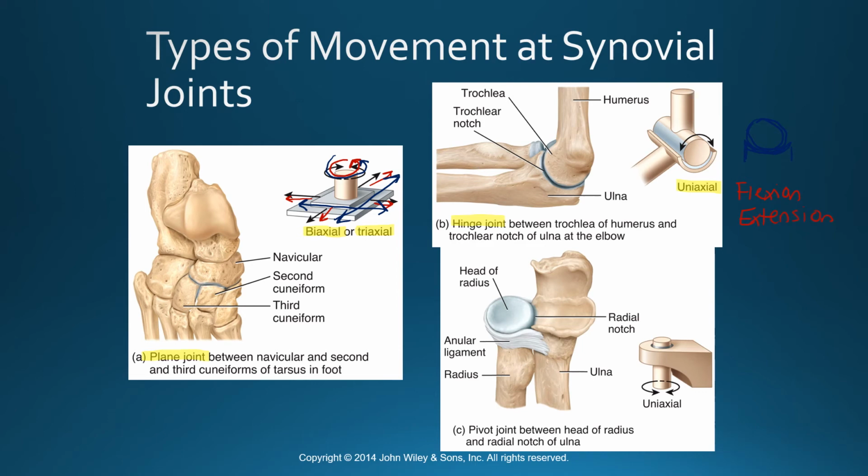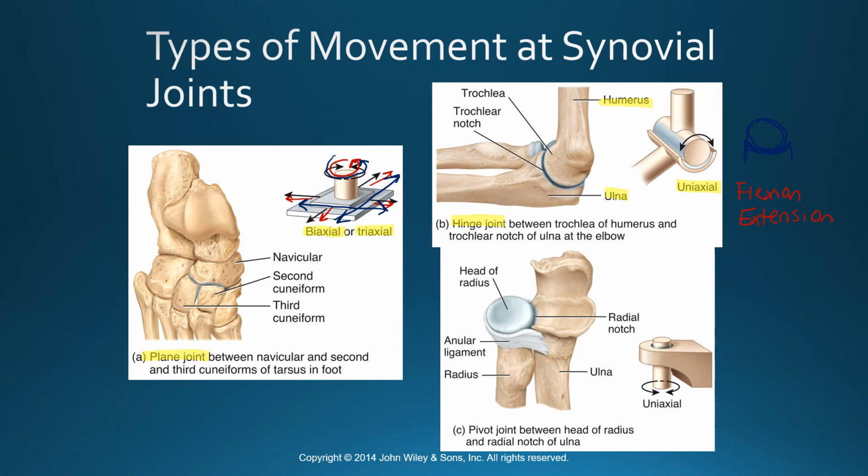So examples of hinge joints would be the elbow joint, as we see right here, with the humerus and the ulna being that hinge joint. We also see this in the ankle joint, in interphalangeal joints, and the knee joint is also kind of a modified hinge joint.